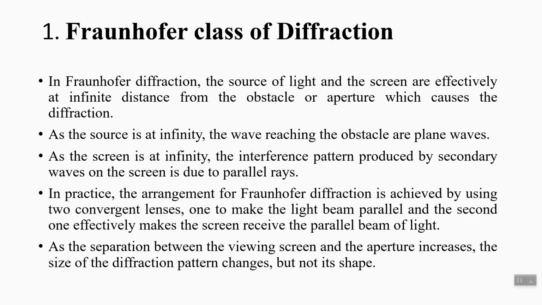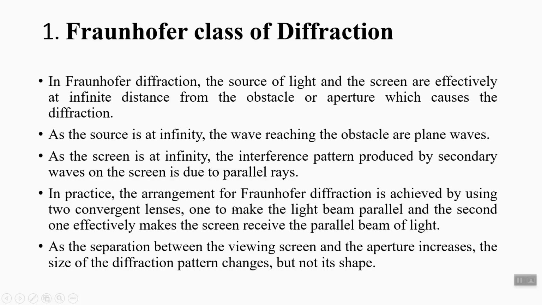In Fraunhofer class of diffraction, the source of light and the screen are effectively at infinite distance from the obstacle or aperture or slit, which causes the diffraction. So here, as the source is at infinity, the waves reaching the obstacle are plane waves. And in Fraunhofer diffraction, as the screen is at infinity, the interference pattern produced by secondary waves on the screen is due to parallel rays.